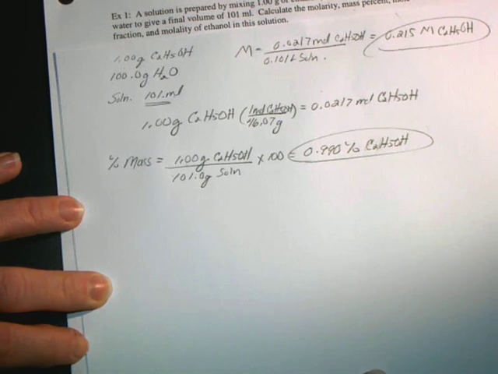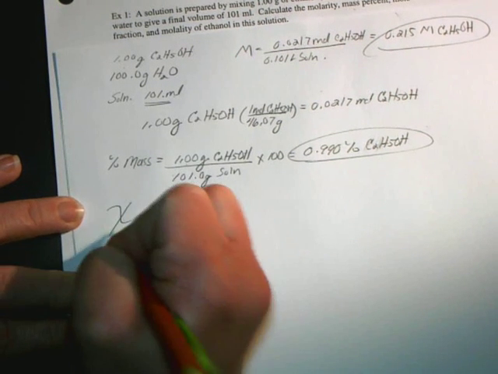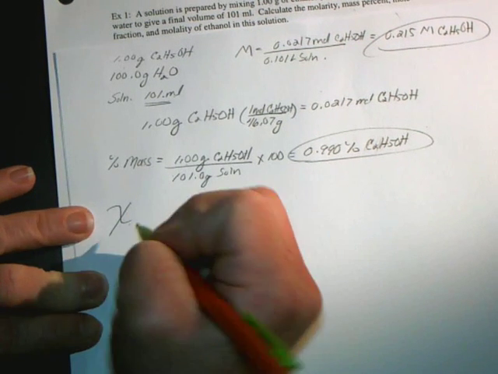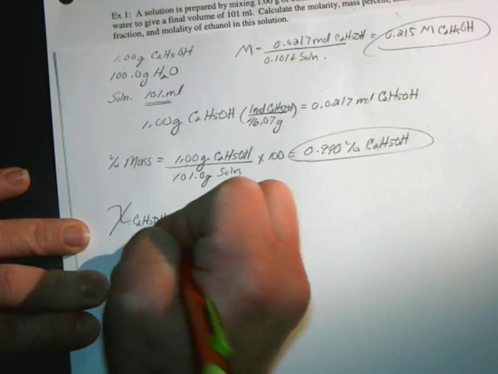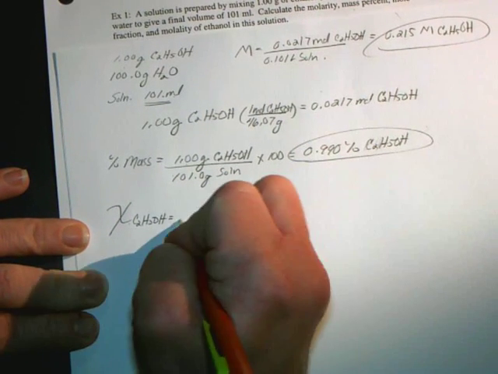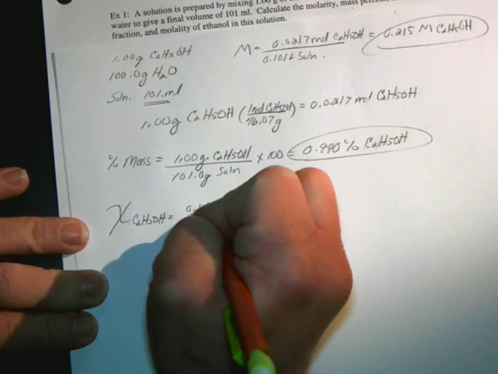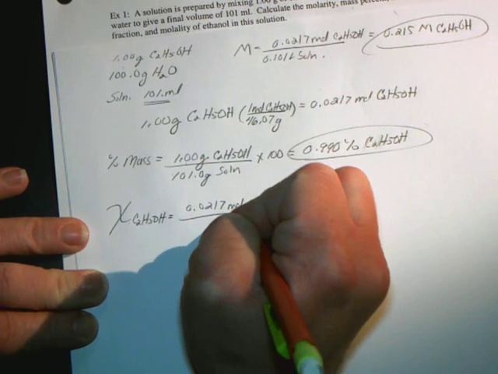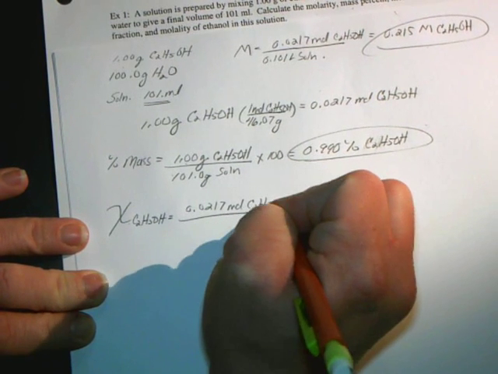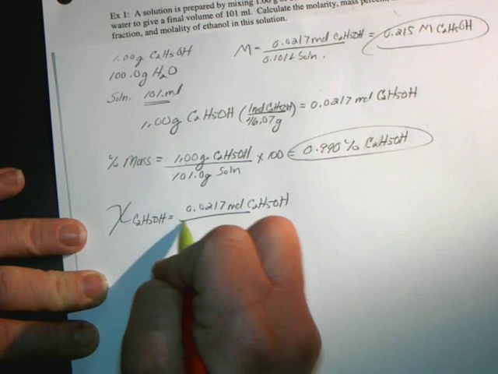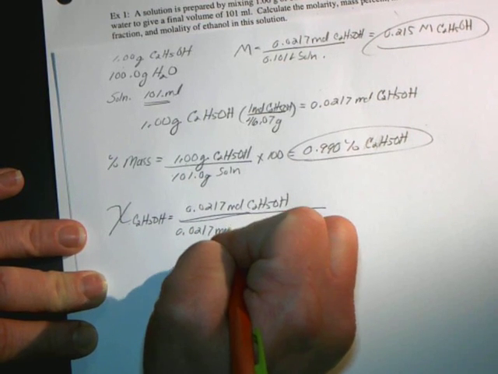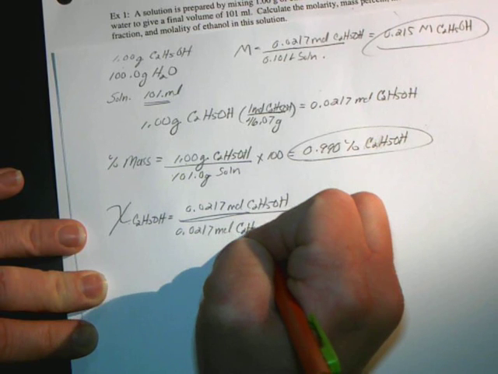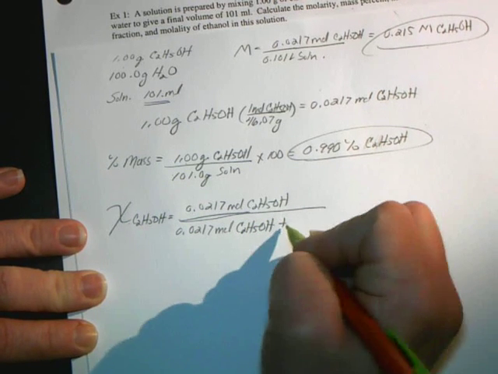Mole fraction. Now, unless otherwise stated, we would definitely assume the mole fraction is in terms of our solute. So, how nice, we've already found 0.0217 mole of our ethanol, and be very careful because we need to divide by the mole of ethanol plus the mole of our solvent.